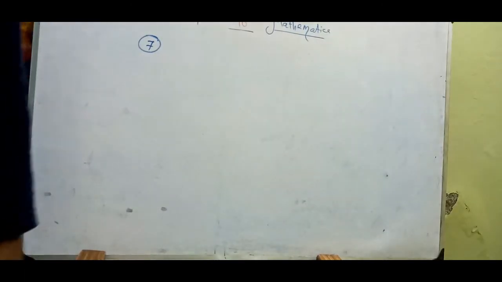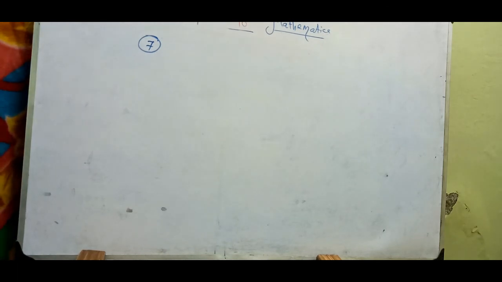So here's the last question I'm going to do. The seventh question in exercise 1.3. The question was, in each of the following cases state whether the function is bijective or not, justify your answer.